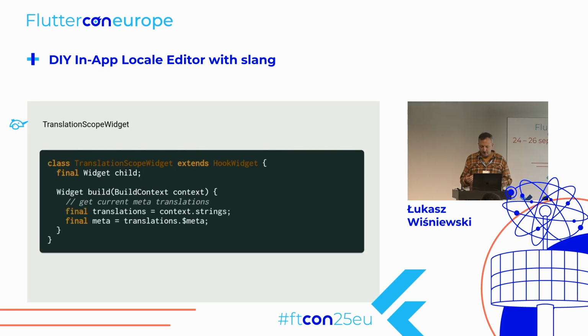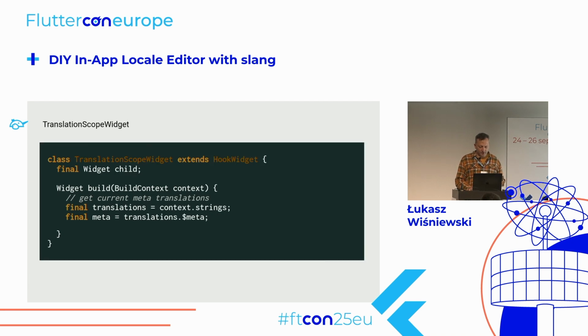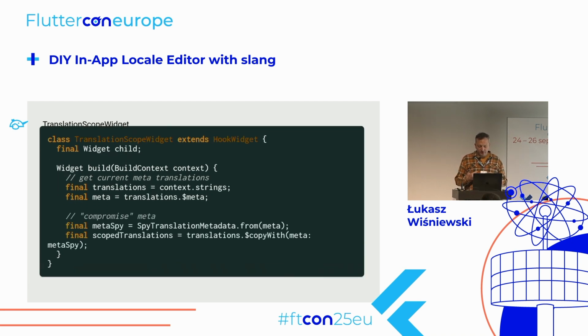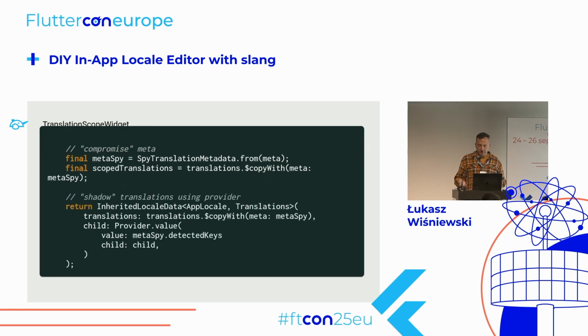From that context, we can get current translations and translations meta. We replace that meta with our spy meta, and we put it all back together down the widget tree. And thanks to the power of providers, this is transparent to the child widget, but we now can tell what is happening there.